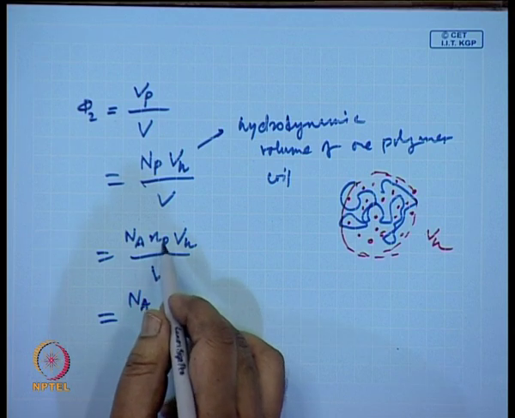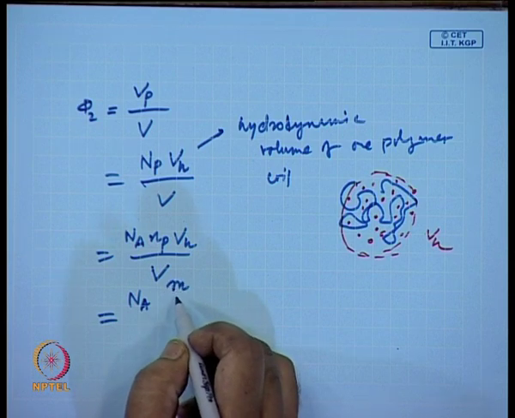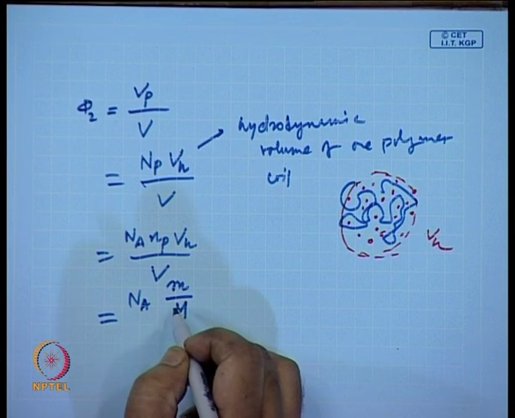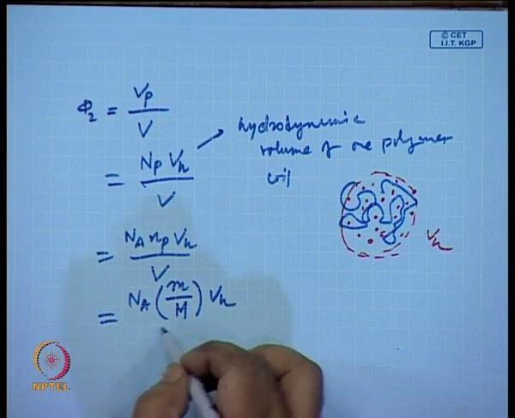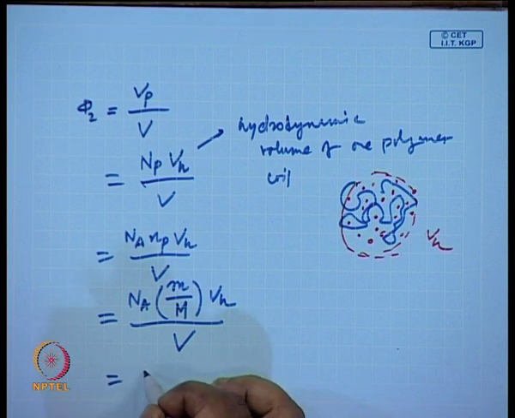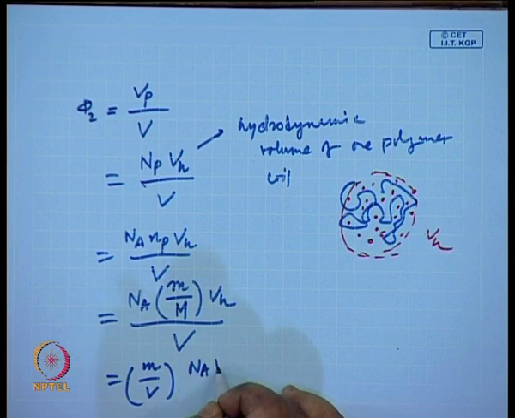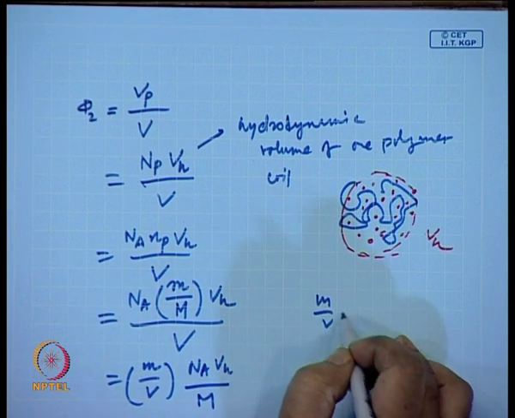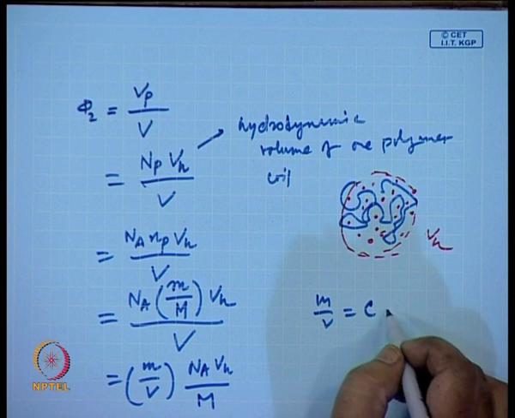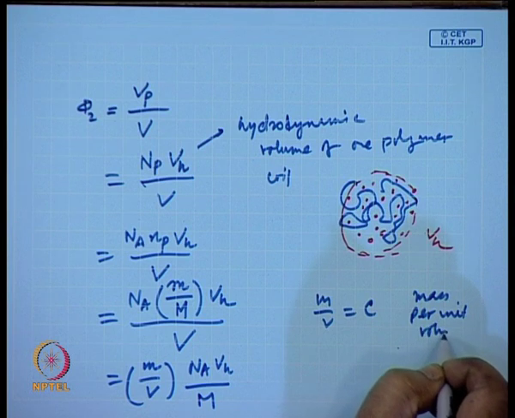Now, the moles of polymer can be expressed as the mass of the polymer divided by the molecular weight of the polymer, times VH by total volume, which gives m by V times Na VH by M. M by V is the concentration C, in mass per unit volume.